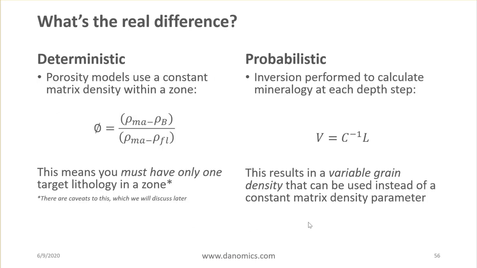Just to show you what that subtle difference is in equation format: when we look at a deterministic workflow, porosity models will use a constant matrix density within a zone. So here we say porosity is equal to the matrix density minus our bulk density, divided by the matrix density minus the fluid density.